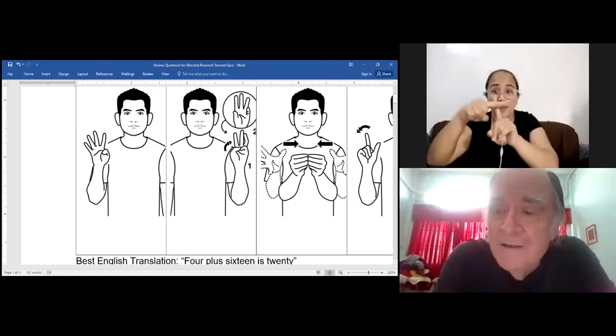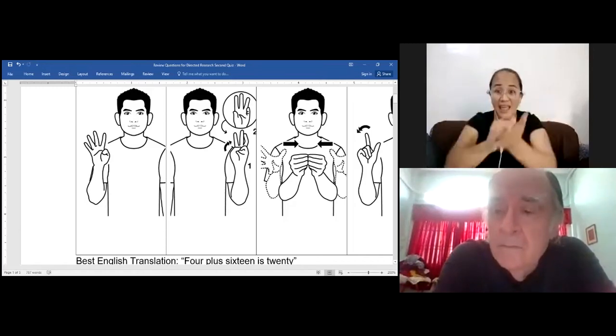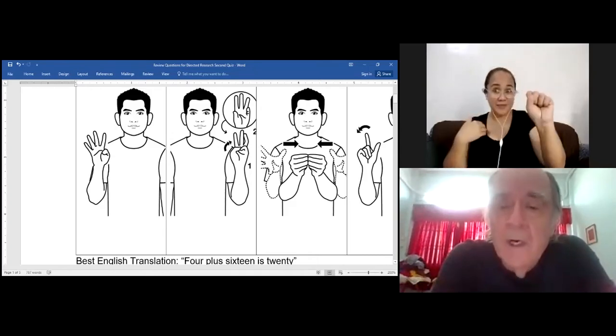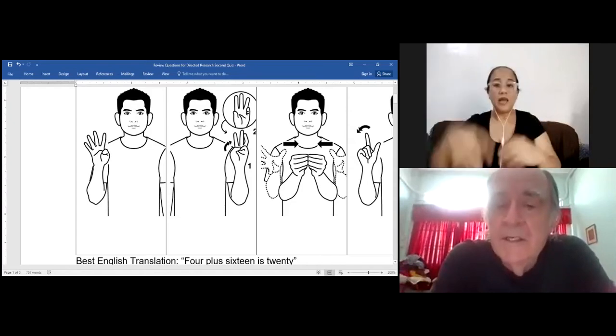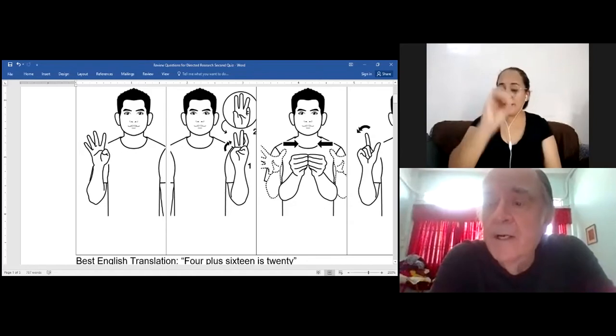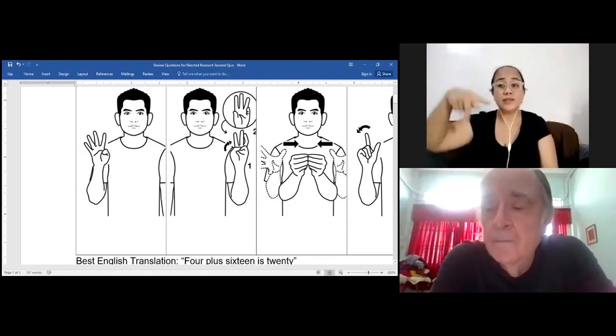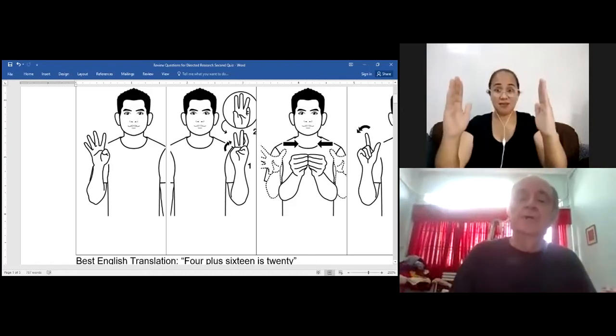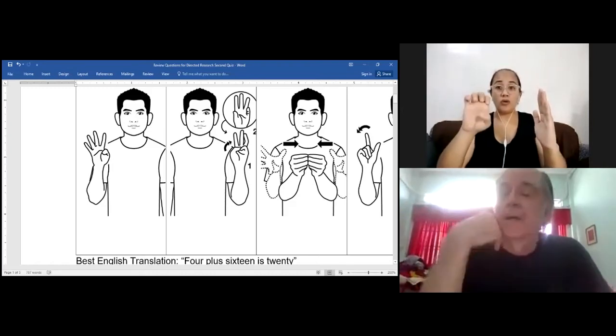That is a clause. It has a subject and a predicate. 4 is the subject, 16 is the object, and together is the predicate. Now that whole clause is the subject of the predicate 20.